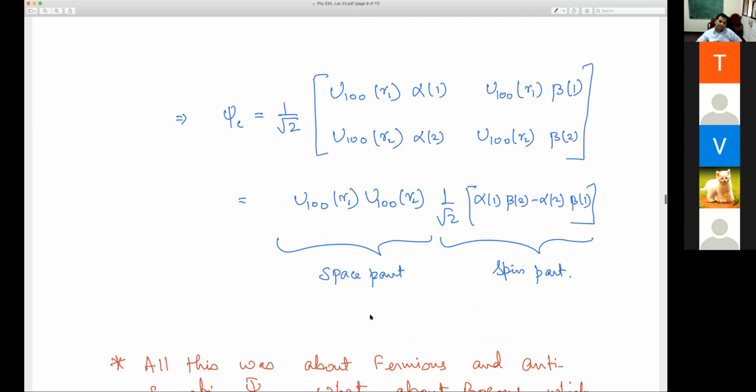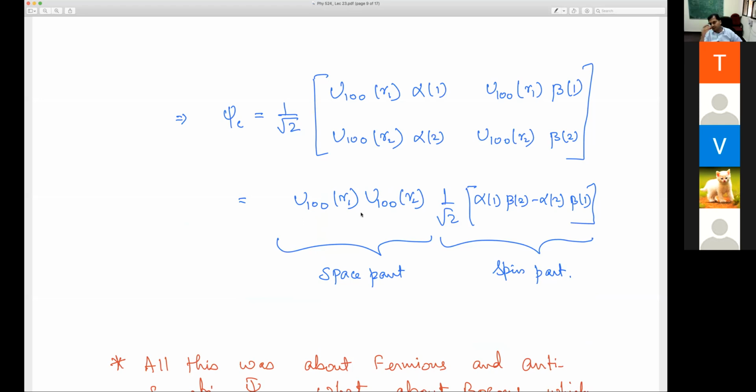So you see this is the space part that we used to calculate the ground state energy of the 1 by R12 term within perturbation theory and also within the variational principle in the last class. That's the origin of this wave function.